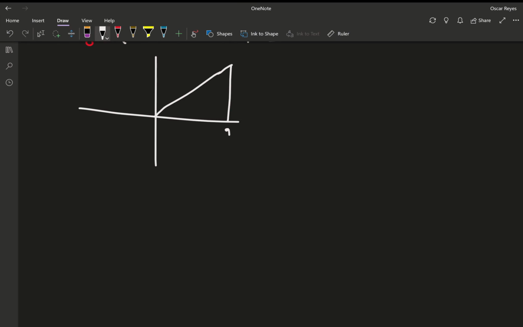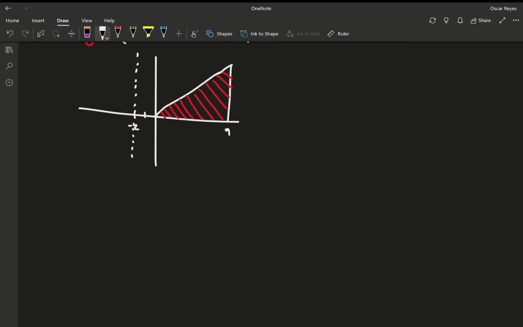We know that this is 27. And this is the area that we have. Now we know that -2 is here. This is -2, and that's what we have to revolve it around.